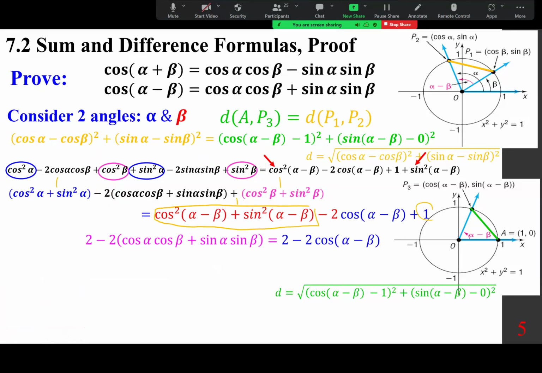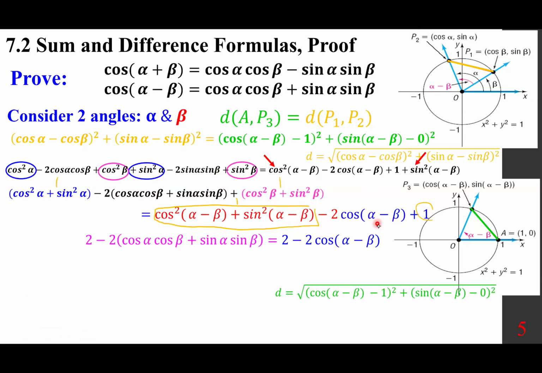So again, just to make sure we understand what's going on, everybody. On the left side, we have 2 and this piece. On the right side, we have a 2 and this piece. So very straightforward.